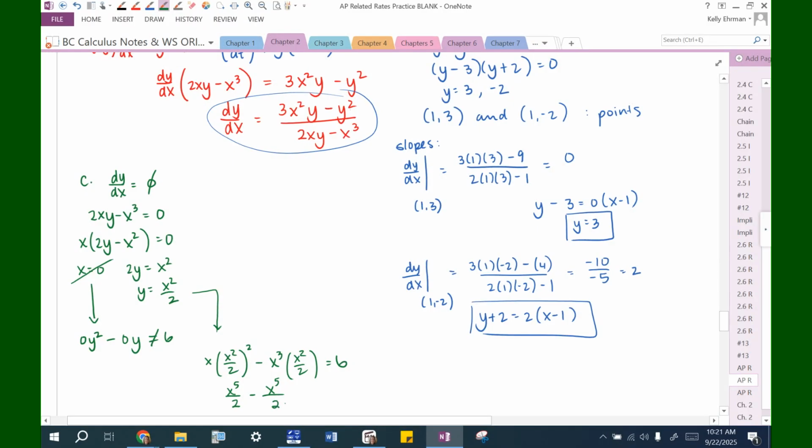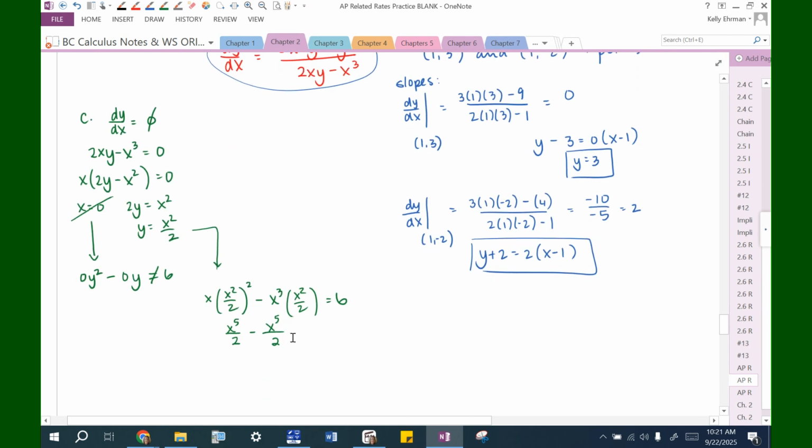Wait, y squared is x to the 4th over 4. There we go. Equals 6. I was like, it can't be 0 equals 6. I didn't square this originally. 1/4 minus 1/2 is negative 1/4 times x to the 5th. Multiply by negative 4.